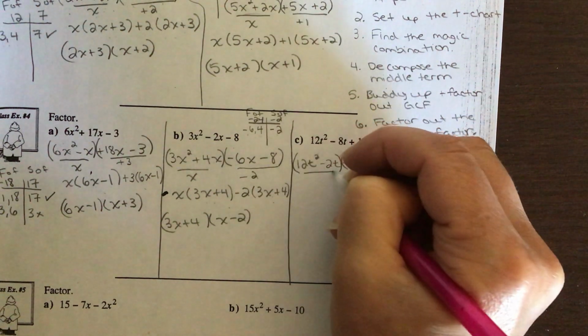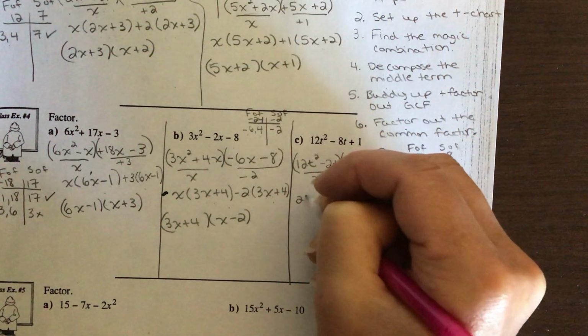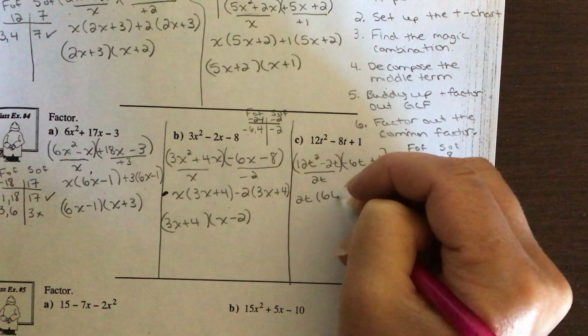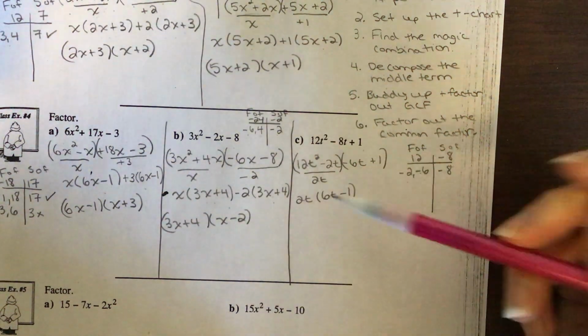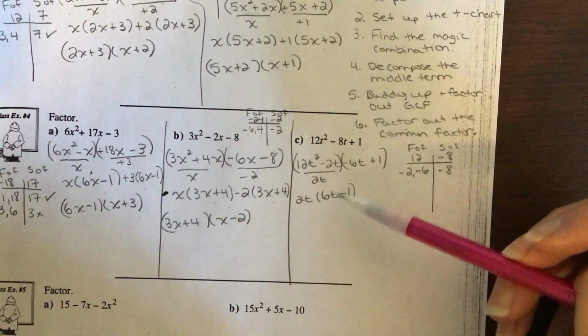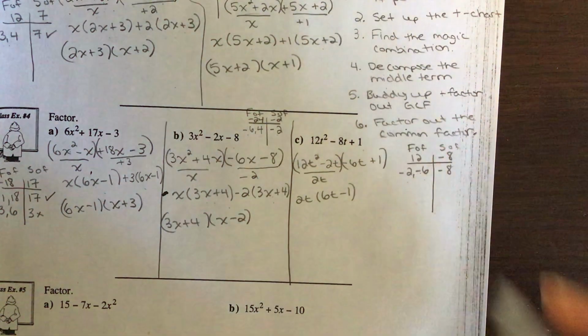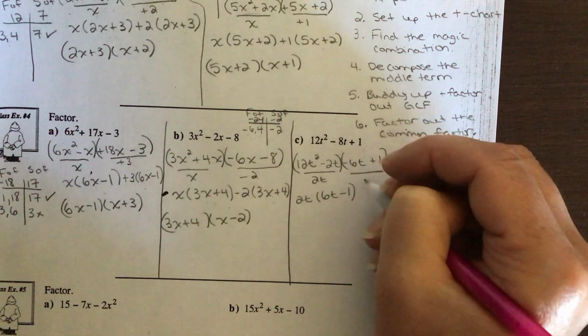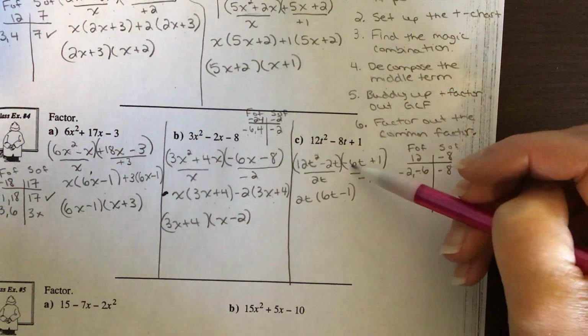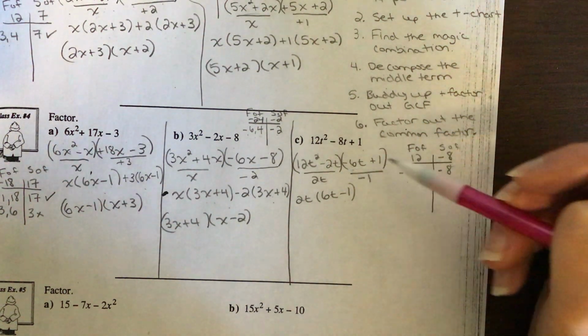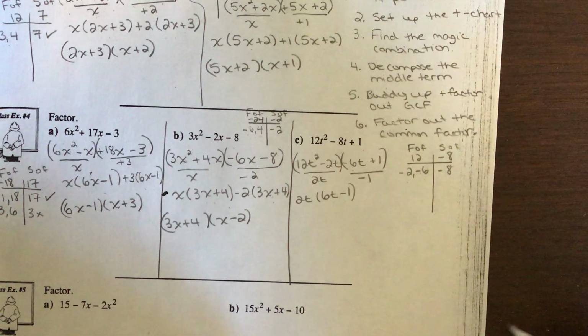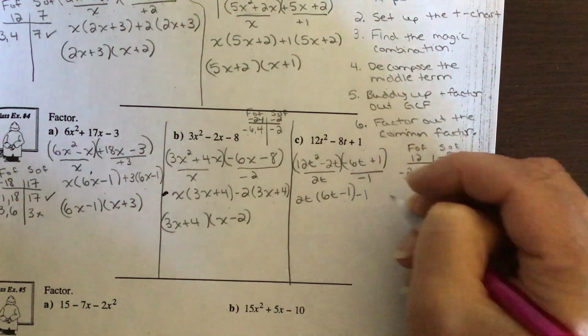Okay, we've decomposed. Now we're going to buddy up. Okay, so from here we can take out a 2t, and we're left with 6t minus 1, because 12t squared divided by 2t is 6t, negative 2t divided by positive 2t is negative 1. Here we'll take out negative 1, okay, because we have to take out a negative because this first buddy's negative, and then that's the only thing that they're both divisible by. So we'll write it as negative 1.